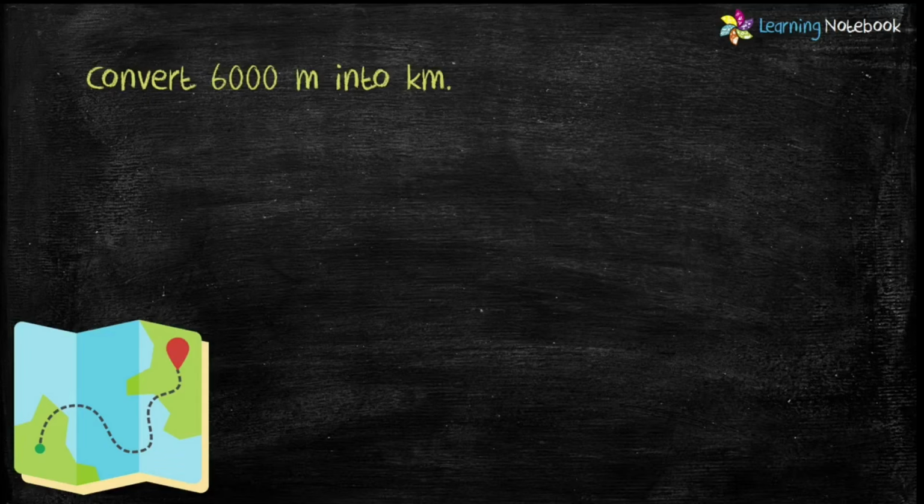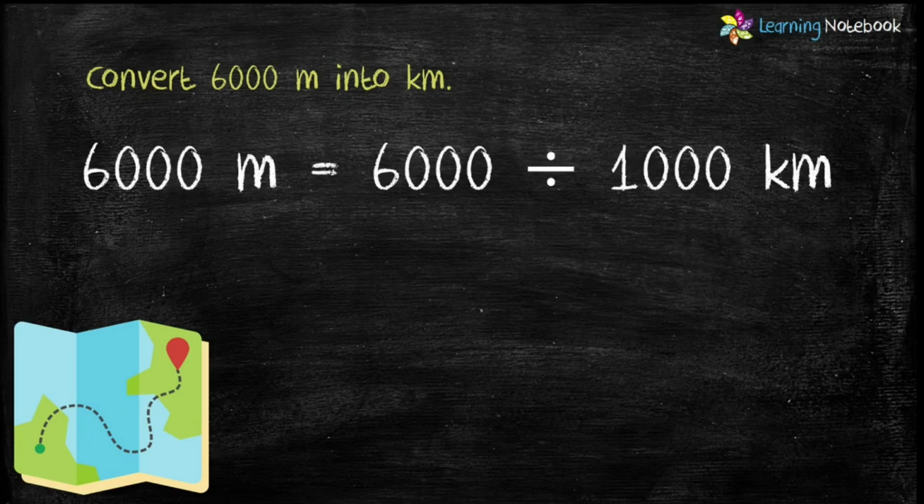Now let's do some questions based on it. Question is, convert 6000 meter into kilometer. As we just learned, to convert meter into kilometer, we will divide by 1000. So 6000 meter equals to 6000 divided by 1000 kilometer.